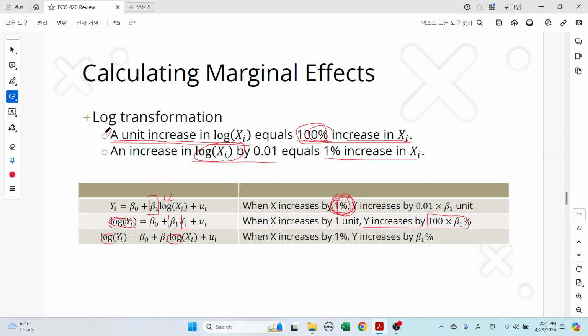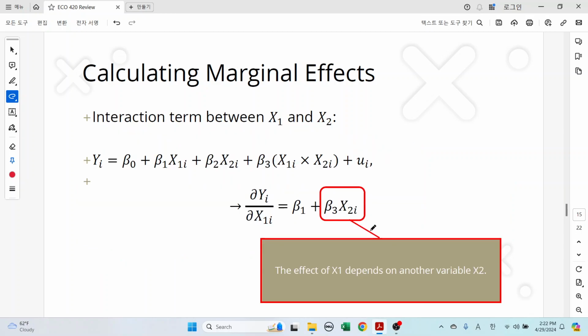So if you multiply beta here, you have to multiply beta here, right? Finally, if both are logged, then use 1% and beta percent. It's easy because you have to adjust by 100 this way, and they cancel out. So in the end, in the log-log model, 1% simply goes to beta 1 percent. Okay, this is how you interpret log models.